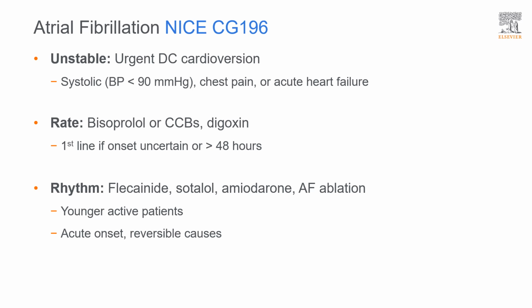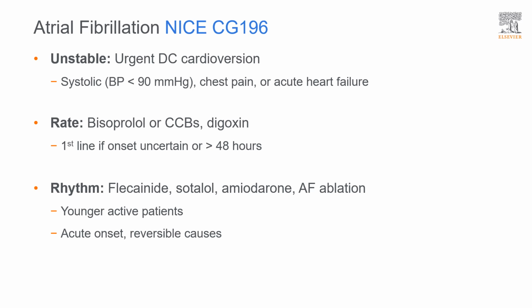Now, having said that, for stable patients, the focus shifts to rate control or rhythm control, as we discussed before in the last question. Now, in terms of rate control, the first-line agents include beta blockers, such as bisoprolol, or rate-limiting calcium channel blockers, such as diltiazem, depending on the patient's comorbidities.